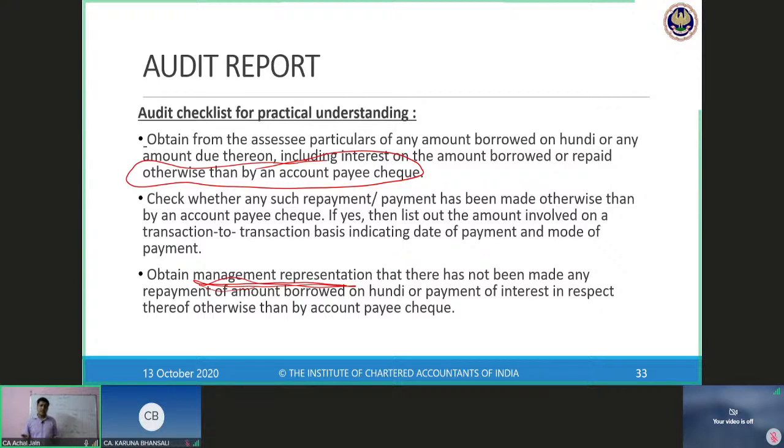So if the auditor is required to check whether those cheques were account payee or not, can he do that? Can he check that? No, these are already issued, which would have already been credited, or if not credited from the account, they would be with the parties. Now, whether those are really account payee cheques or not, how can the auditor verify it? He cannot verify it till the time he has that account payee cheque in his possession. That's why in this case, the most important procedure happens to be the management representation, that these payments were made by account payee cheque, otherwise reported.